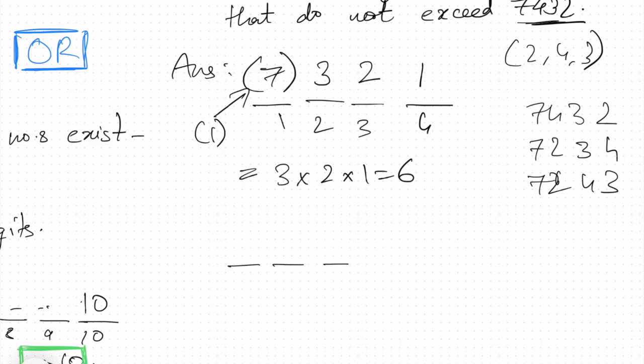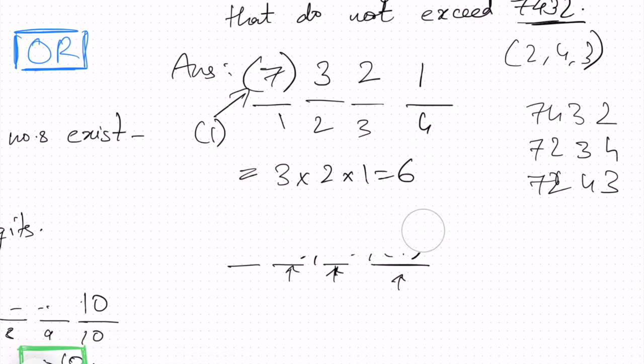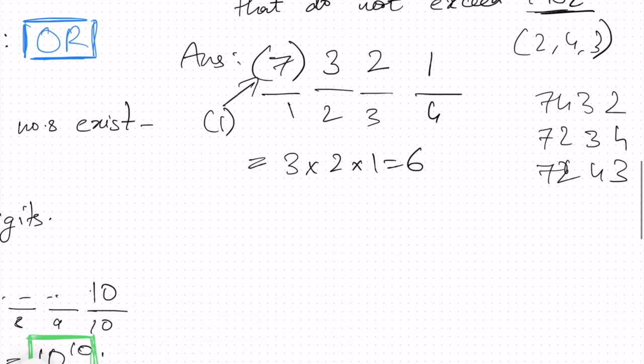So the number could also be, so 7 could also appear here, or it could also appear here in this place, or in this place, or even in this place. So let's see those individual possibilities. 1, 2, 3, 4.